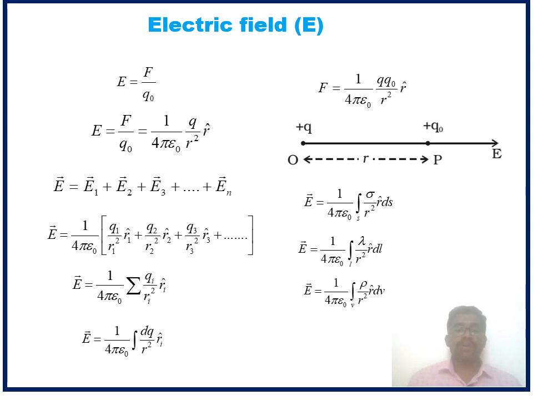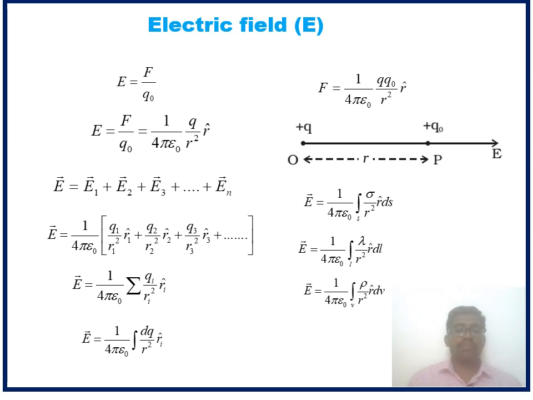In terms of vector notation, we have to put r cap. Suppose we have n number of charges, we can represent the electric field as a sum of the electric fields created by each charge. So we can represent the resultant electric field as the sum of the electric fields E1 plus E2 plus E3 up to n charges.